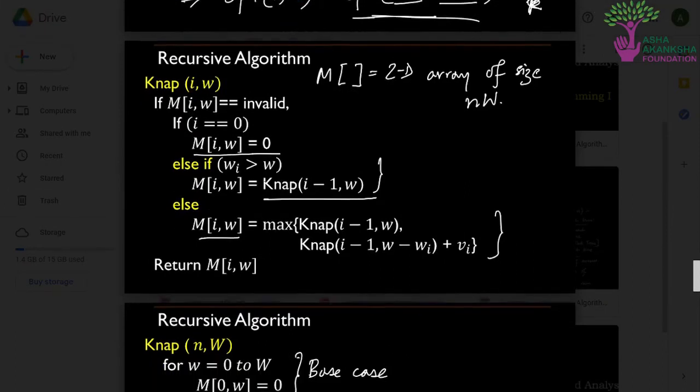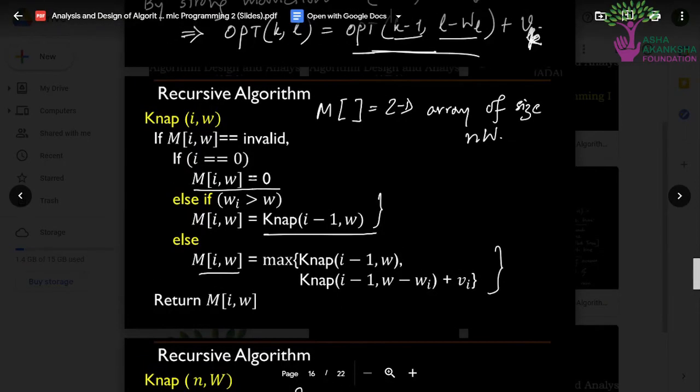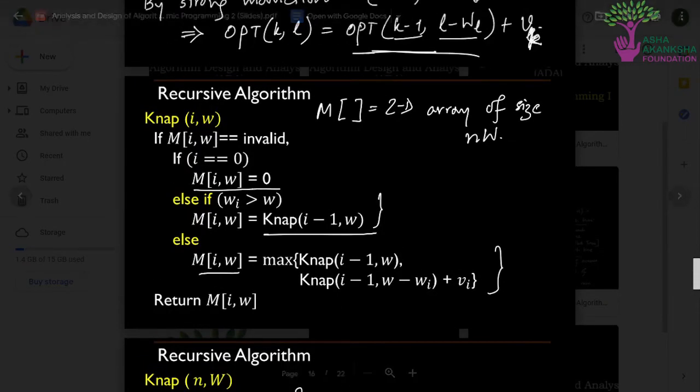First of all, if the current i is equal to 0, you must remember that we numbered our elements from 1 to n. Whenever you are solving a problem, you must map your elements from 1 to n. Always reduce any real life problem or any other version of this knapsack problem to what we are discussing, that is, map it from 1 to n.